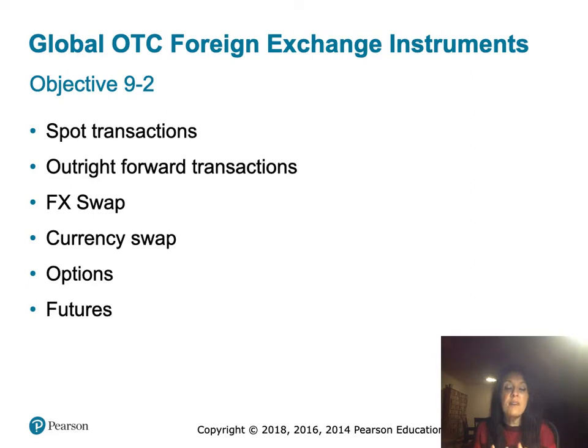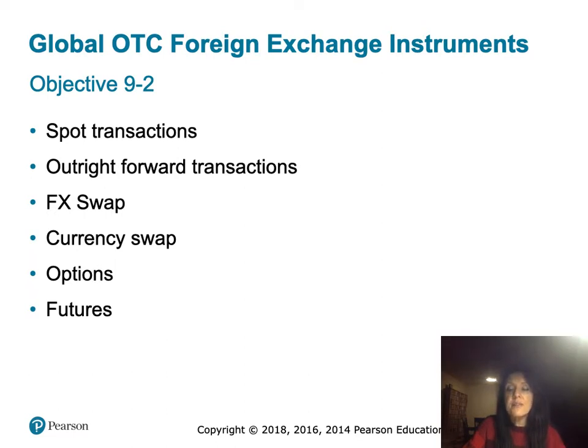It would rather have dollars now than hold on to the pounds for a month. Therefore, IBM could enter into an FX swap agreement in which it sells the pounds for dollars to a dealer in the spot market at the spot rate and agrees to buy pounds for dollars from the dealer in 30 days at the forward rate.